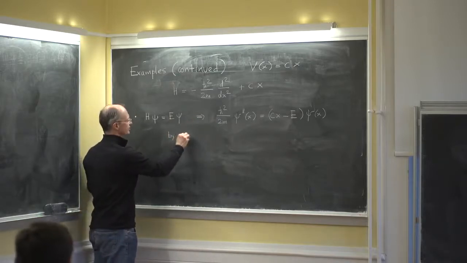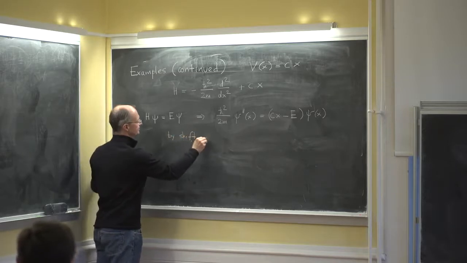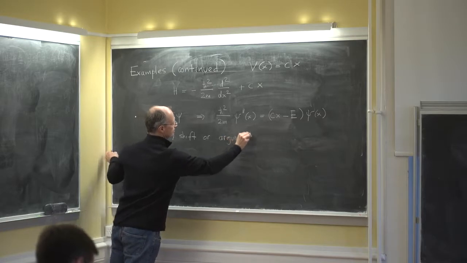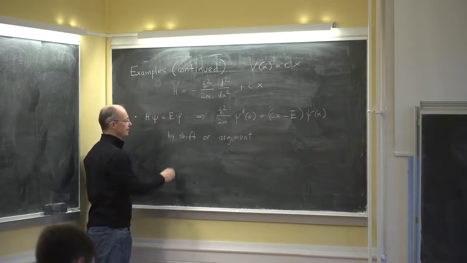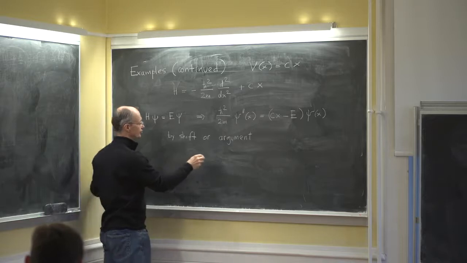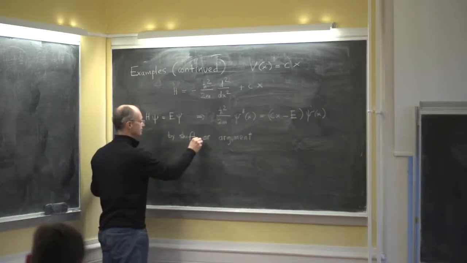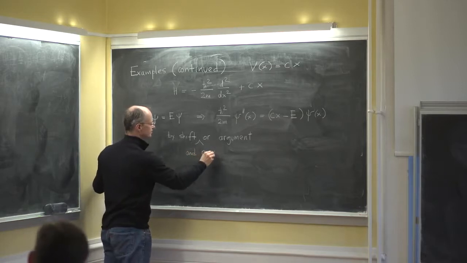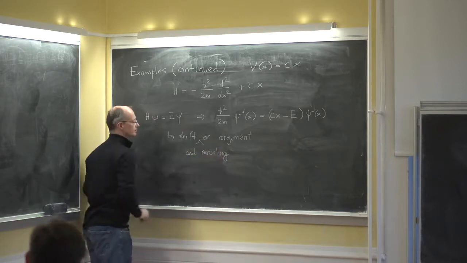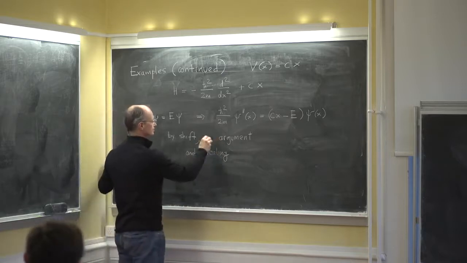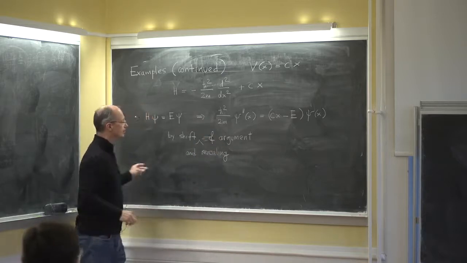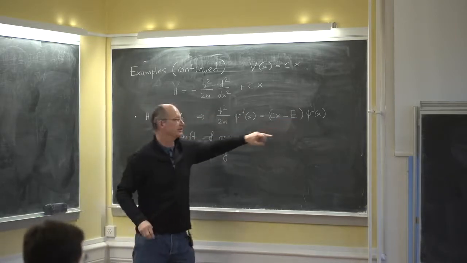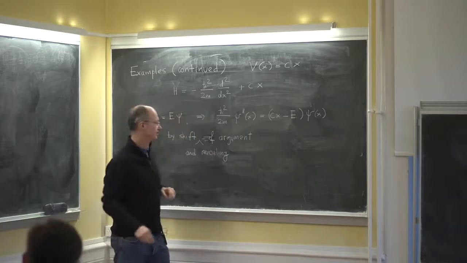So we can always shift the argument, and we can also rescale. So we can always eliminate all these factors. We can eliminate E, and we can eliminate all the other factors.